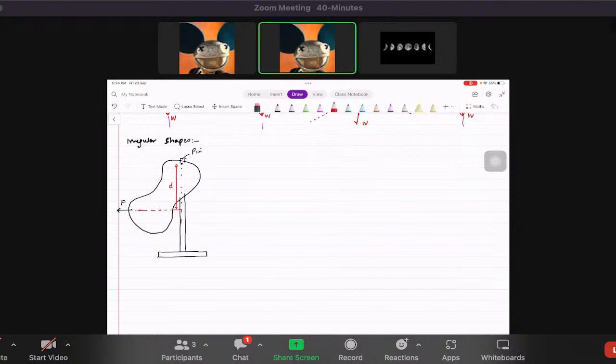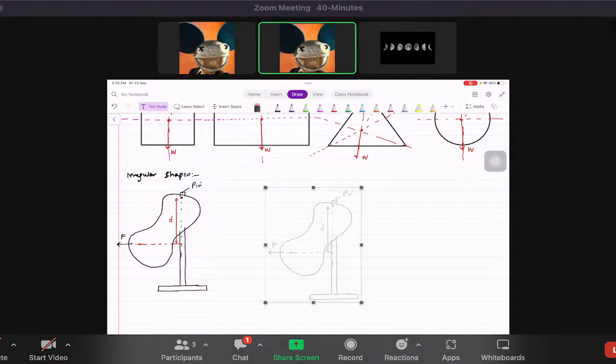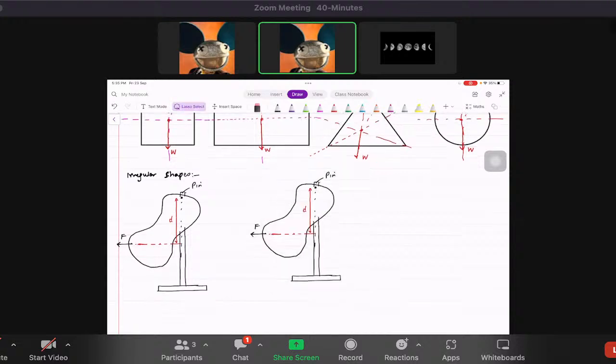But the moment you leave this, because it has a certain center of gravity where the weight is acting, the weight too has a perpendicular distance to the pivot, which basically means that this object then adjusts itself like this.